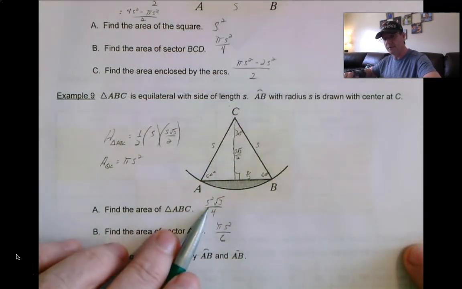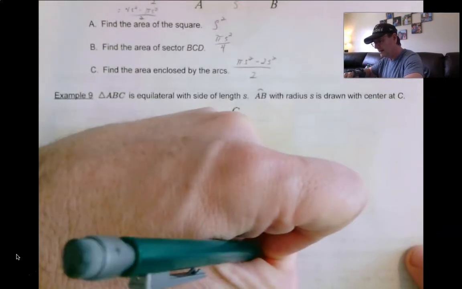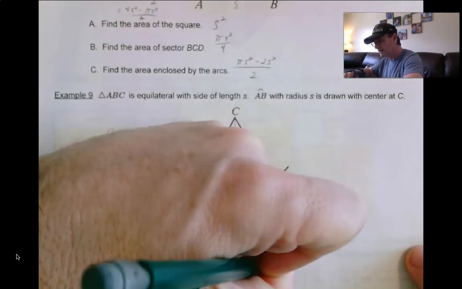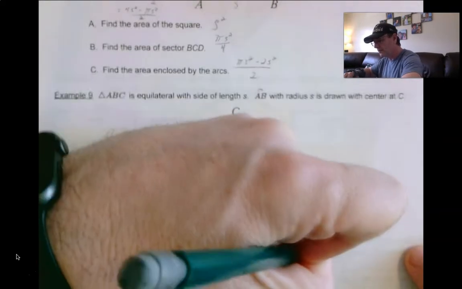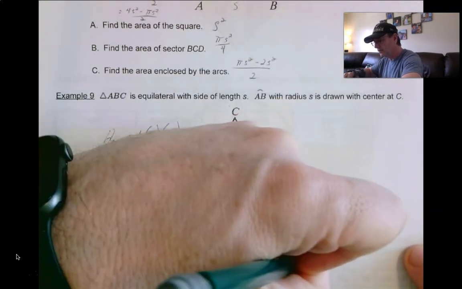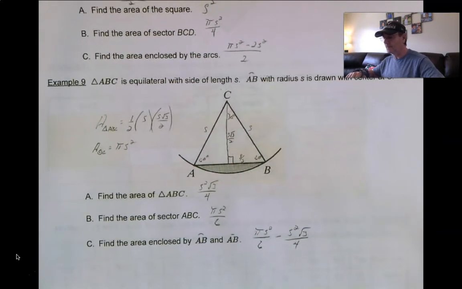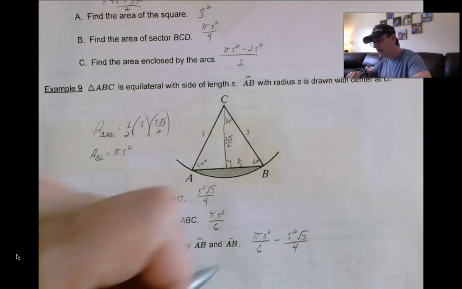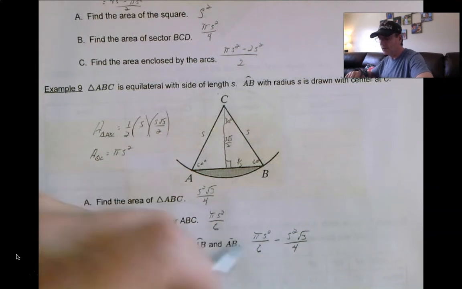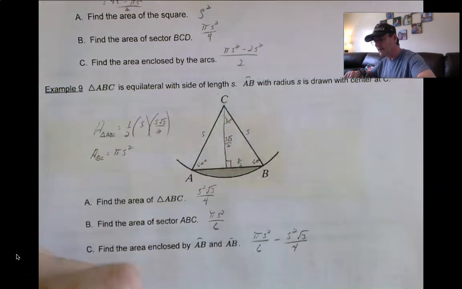Area of the sector minus the area of the triangle. So pi S squared over 6 minus S squared root 3 over 4. If we want to get a common denominator of 12, we can. We don't have to. This answer is fine.